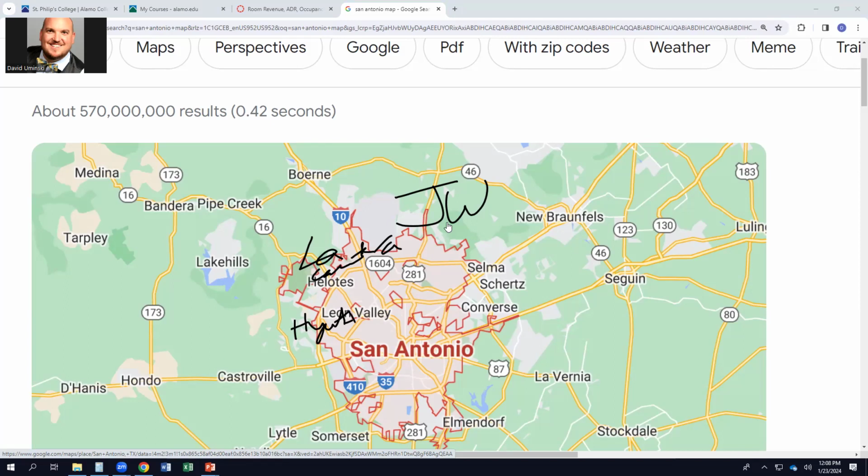Now, the Hyatt Hill Country Resort is right next to the Hilton Hill Country. It's not a resort. It's also right next to the Holiday Inn. Would Holiday Inn and the Hyatt Resort be in the same comp set? Yeah. What are they both nearby? SeaWorld San Antonio.